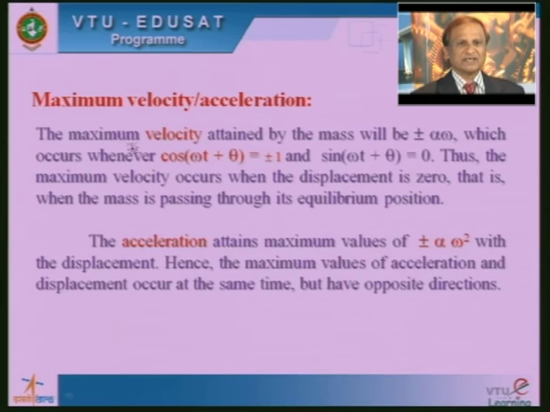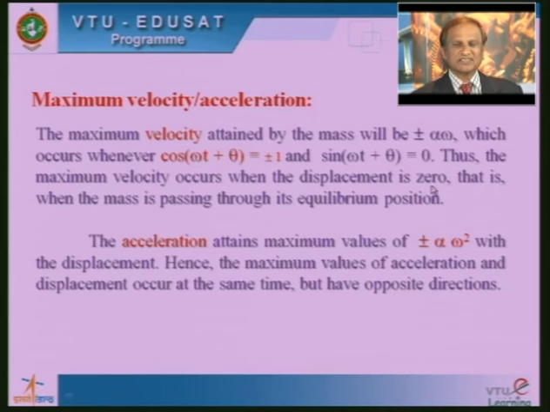The maximum velocity attained by the mass will be plus or minus alpha into omega, which occurs whenever cos of omega t plus theta is equal to either plus 1 or minus 1, and sin of omega t plus theta is equal to 0.